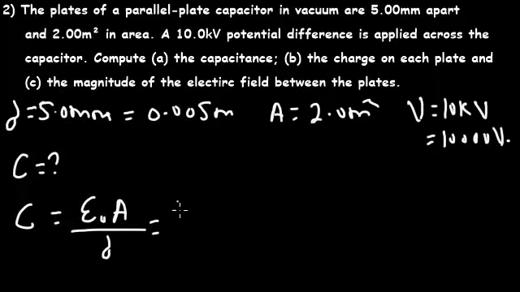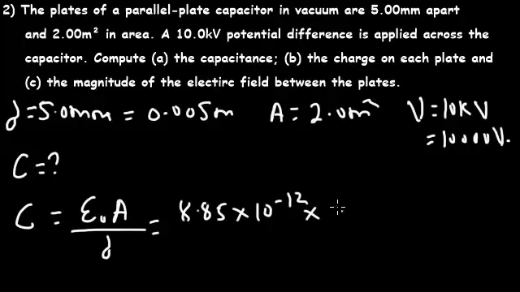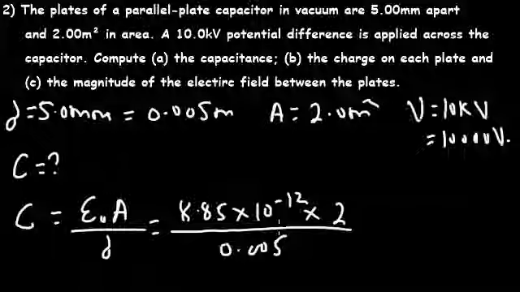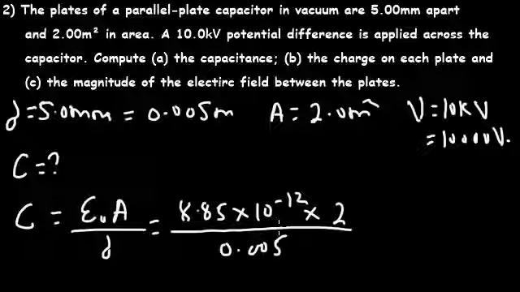So now let's determine the capacitance. So we have 8.85, upon substitution, times 10 to the power of negative 12 multiplied by 2, which is the area, then divided by 0.005, which is the distance between the two metals.